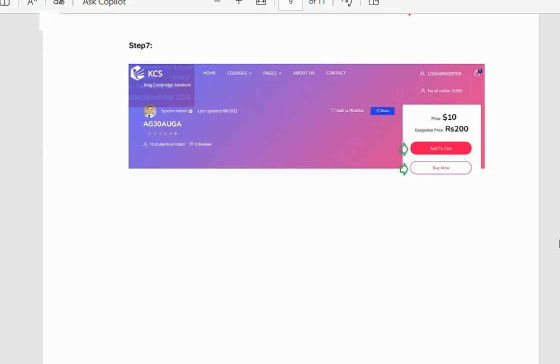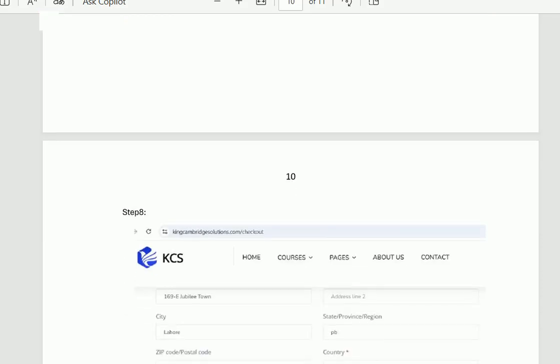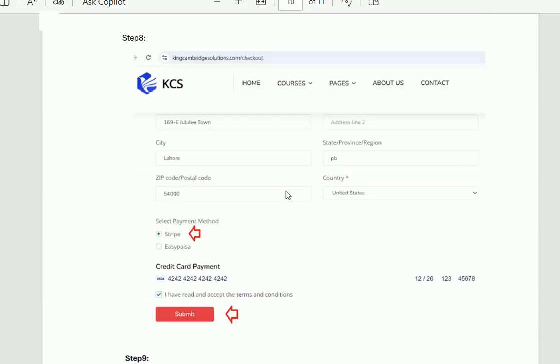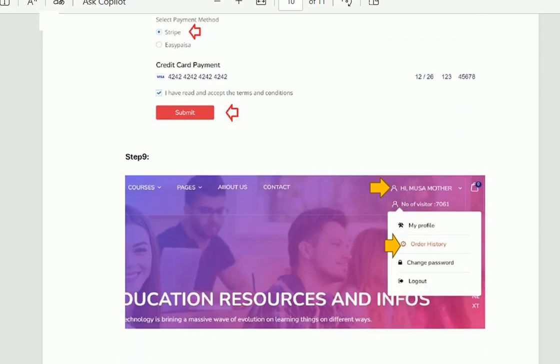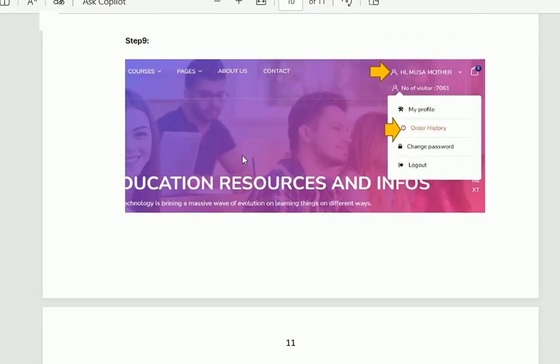When you click on the buy now button, you will fill in the different fields of Stripe. After that, you will click on the submit button. When you click on the submit button, you will go to the order history of your account.